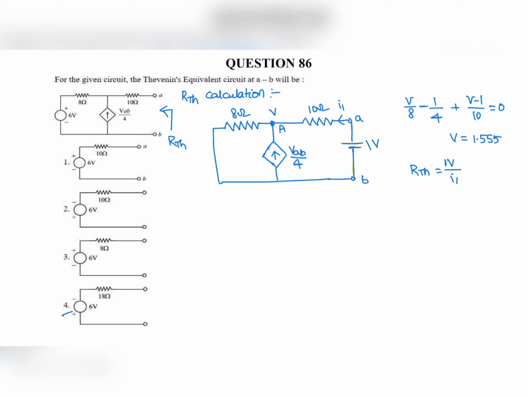From this circuit, current I1 is (1.555 - 1) volt by 10 ohms, that is 0.555 by 10. So 1 by I1 is 0.555 by 10, and RTH will become 18 ohm. Thevenin's resistance is 18 ohm.